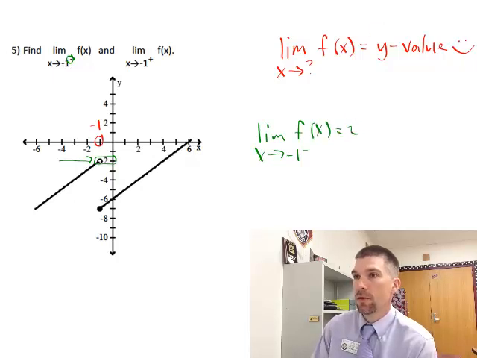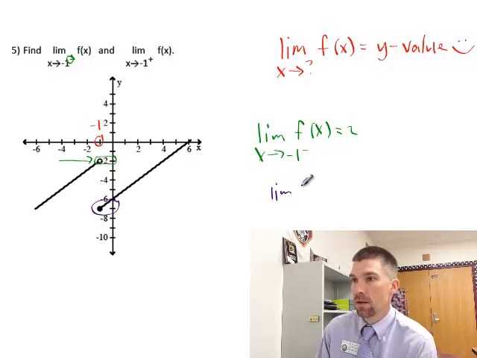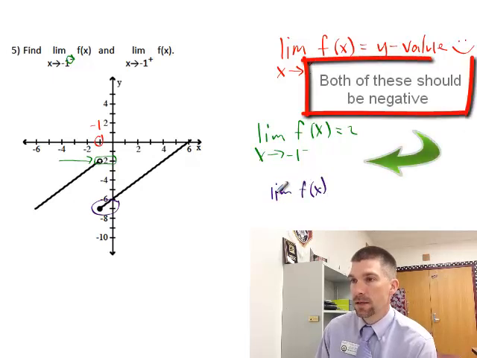And then when you look on the other side, the limit of f of x as x approaches -1 from the right, you're coming in at a y value of 7.